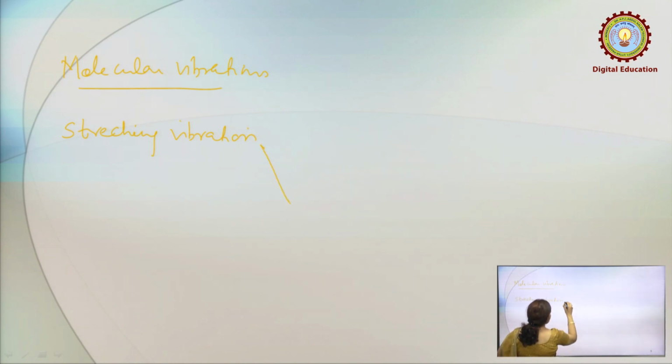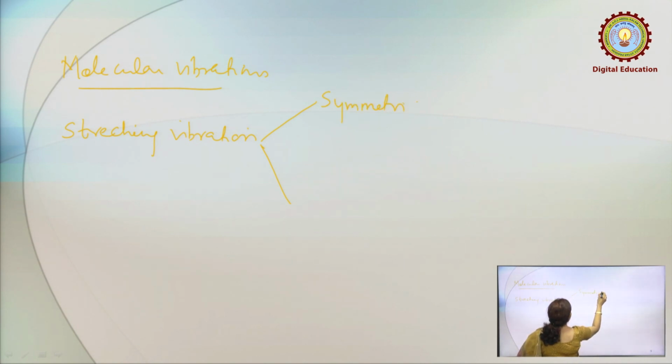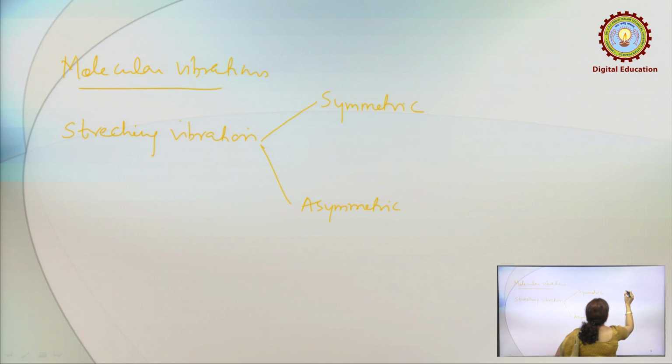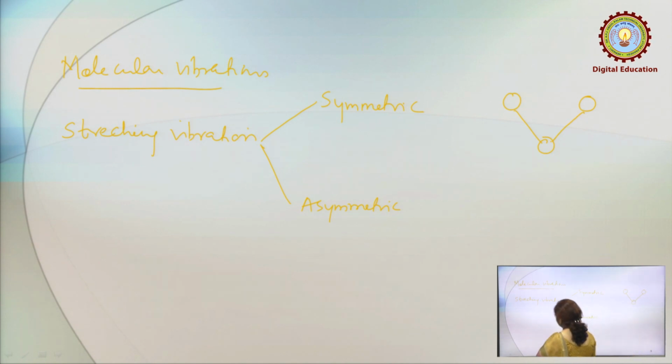Stretching vibration is of two types: one is symmetric and the other is asymmetric. Let us consider these are the two atoms attached with the central atom. In stretching vibration, these are two atoms and this is a central atom.